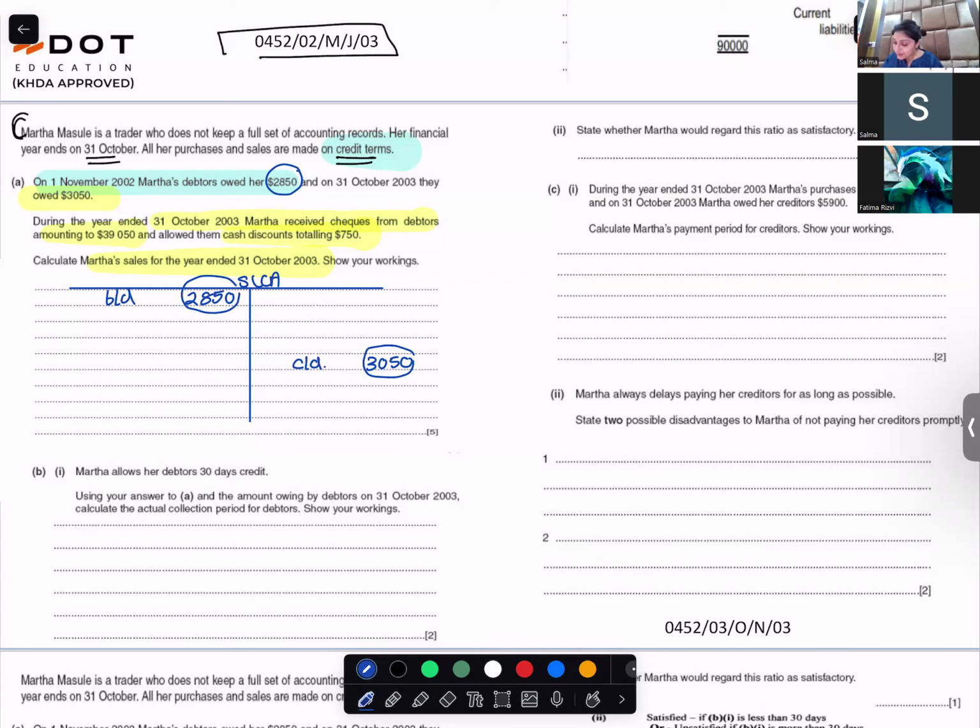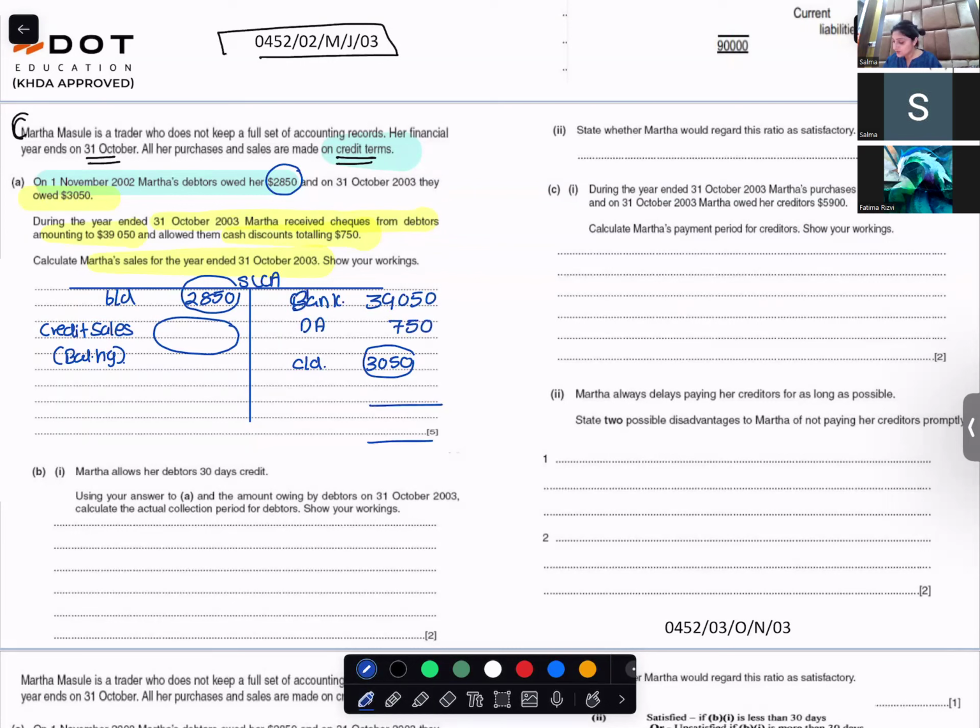Below that, what you will get is credit sales, and this is what you exactly have to find out. This is your balancing figure. Checks received is how much? 39050. And cash discount, that is your discount allowed, is 750.